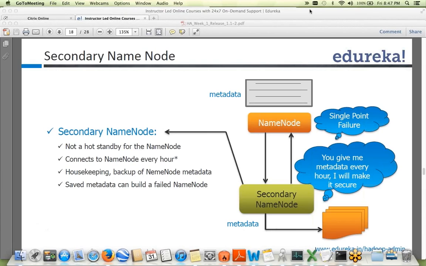So Raghunath has a question, are the number of writes less compared to reads in Hadoop? Yes, I guess so. The idea of the system is that you basically want to run your computations. Once you get the data on Hadoop, what you want to do is read the data and run the computations. So the number varies. You will also write data to Hadoop. You will upload data every day on Hadoop to run computations. But most of it would be reading the data from data nodes and doing something on it and generating the final results.